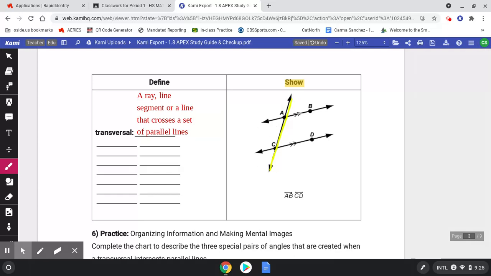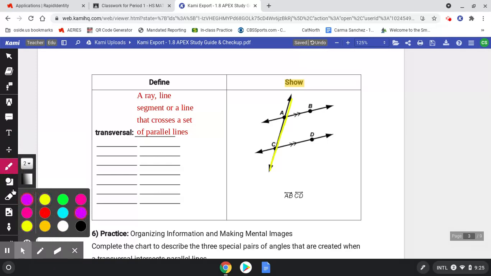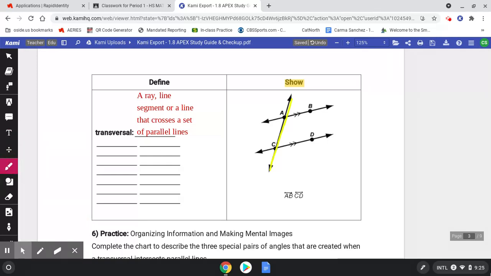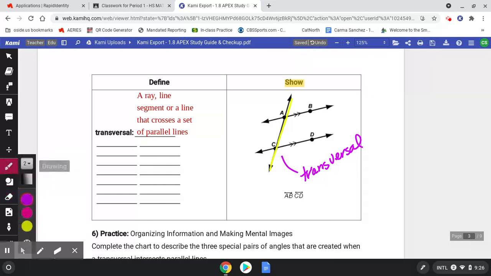This line going through the parallel lines is our transversal. So let's go ahead and label that. Point to that yellow line and call it transversal. So it's the line that's going through the parallel lines. And when it does that, it forms some angles, and these are the relationships we're going to be talking about today.